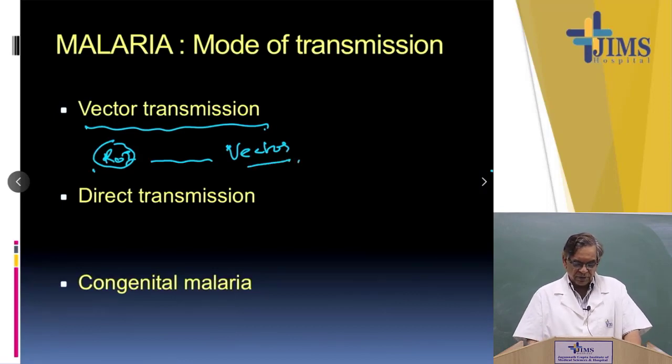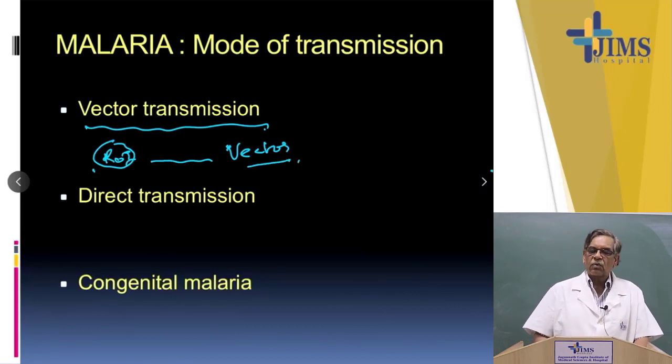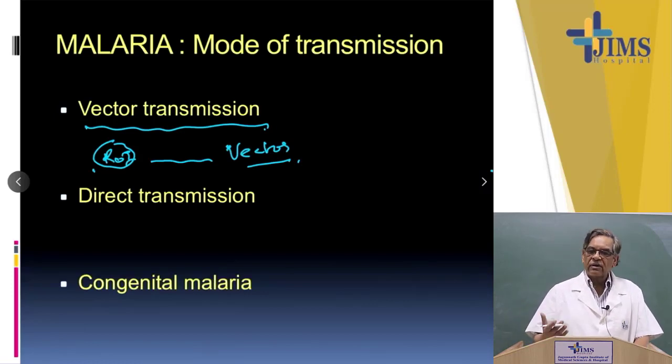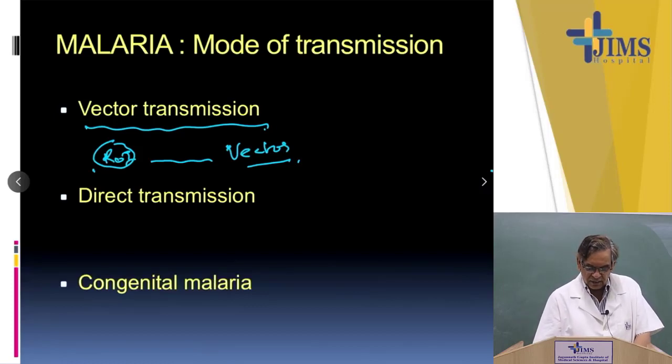In this mosquito, the gametocytes change form and even multiply. So the parasites multiply, and the parasites also change form. And that is why we call it cyclopropagative.